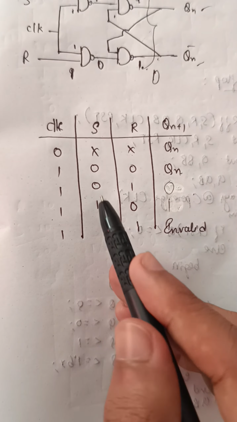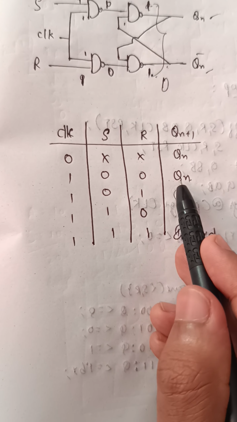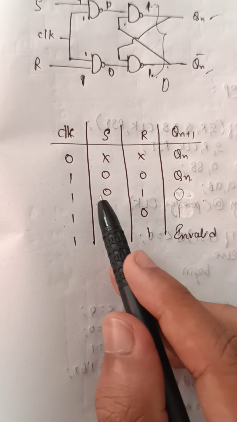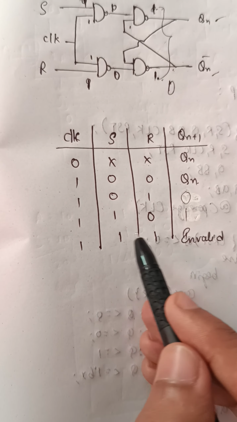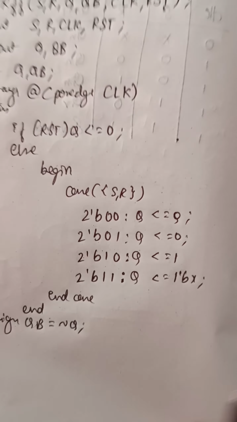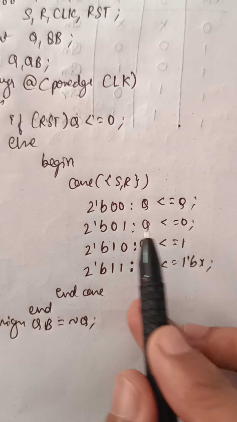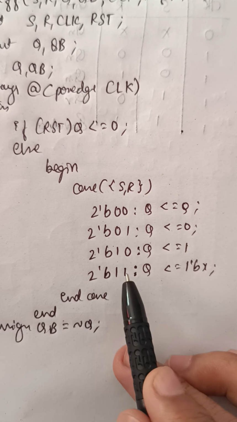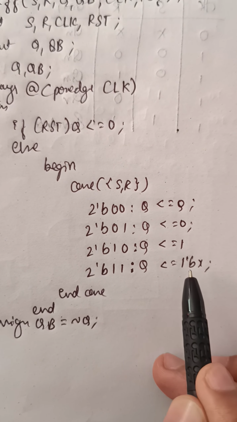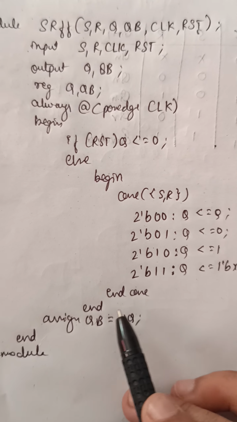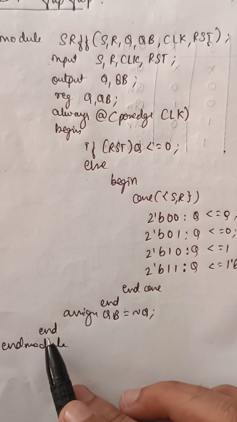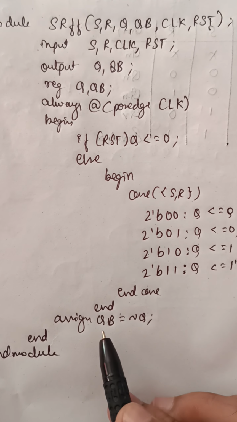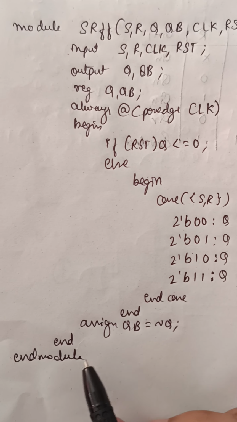That is what we have studied: 0 0 gives Qn+1 equal to Qn, and 0 1 gives 0, 1 0 gives 1 and 1 1 is invalid. Like that we are writing 0 1 is 0, 1 0 is 1 and 1 1 is invalid. Then end case, the begin ends here, and assigning QB as not of Q. Then end module.